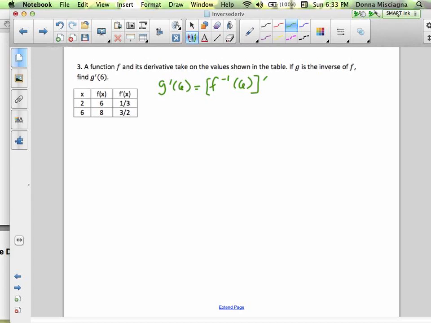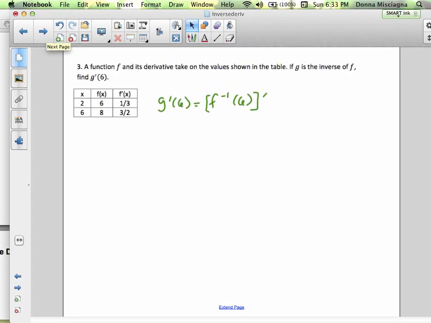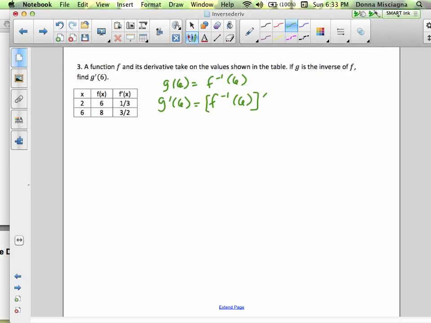Let me say something first. g of 6 is equal to the inverse of f at 6, and if the functions are equal, their derivatives are equal.